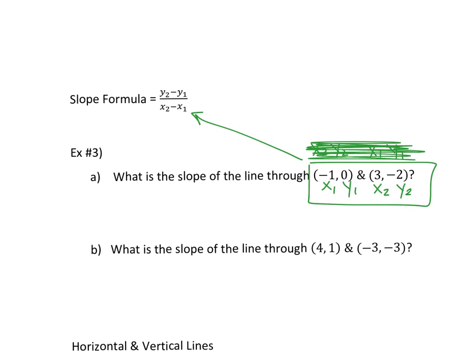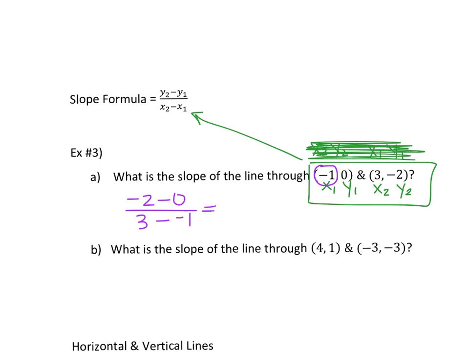Negative 2. Minus y1, what's y1? 0. You still with me on this? Yeah? Okay, then we go x2 minus x1. What's your x2 value? 3. Minus your x1 value, and here's where you need to be a little bit careful. We're subtracting, but we're subtracting a negative. So 3 minus a negative 1.